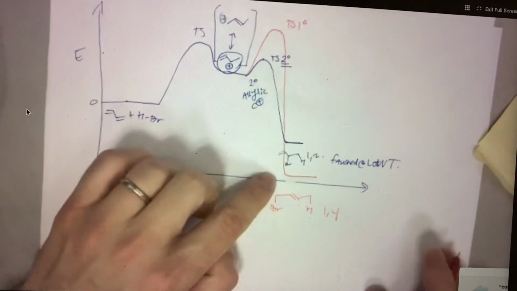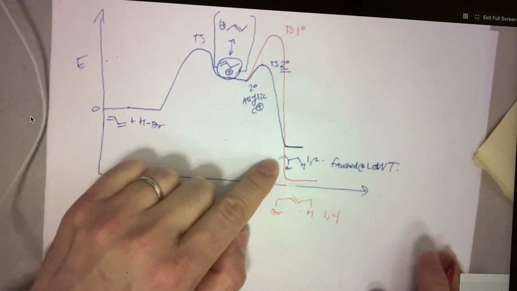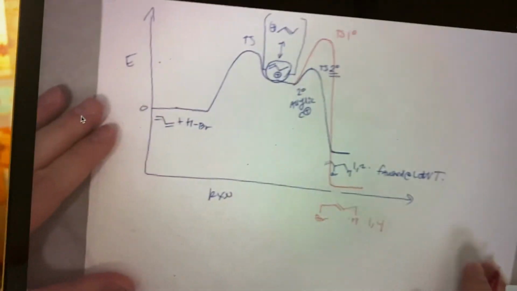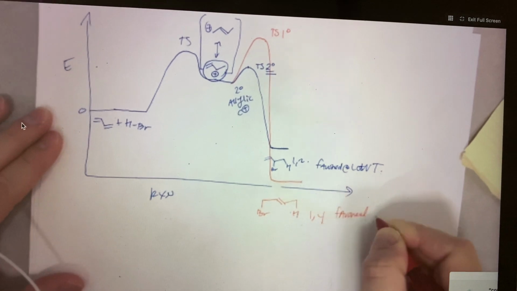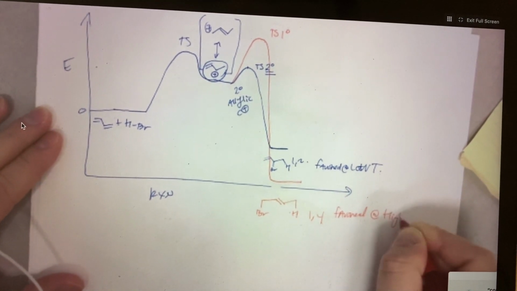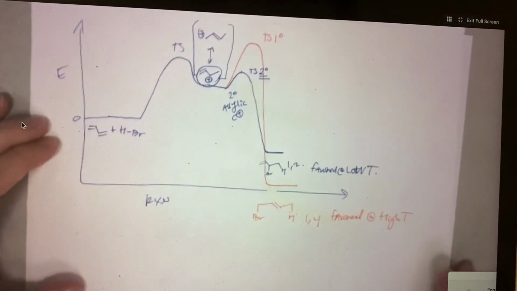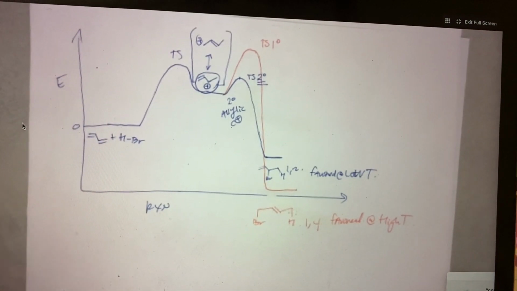The 1,4 addition product is lower in energy than the 1,2 addition product, and we're going to explain this phenomenon very, very shortly. This one is favored at high temperature.